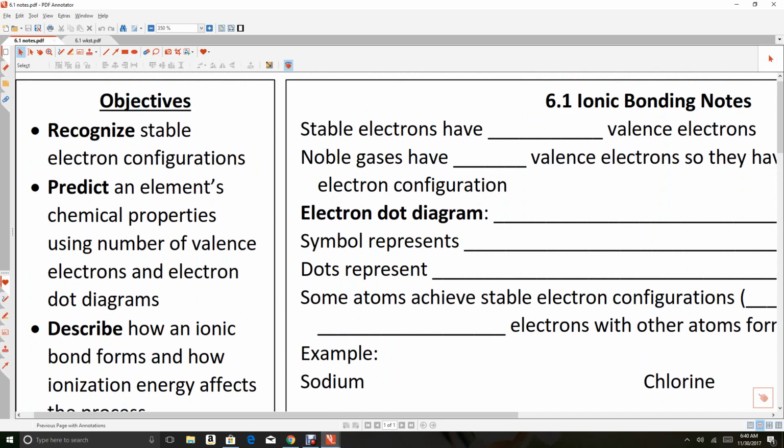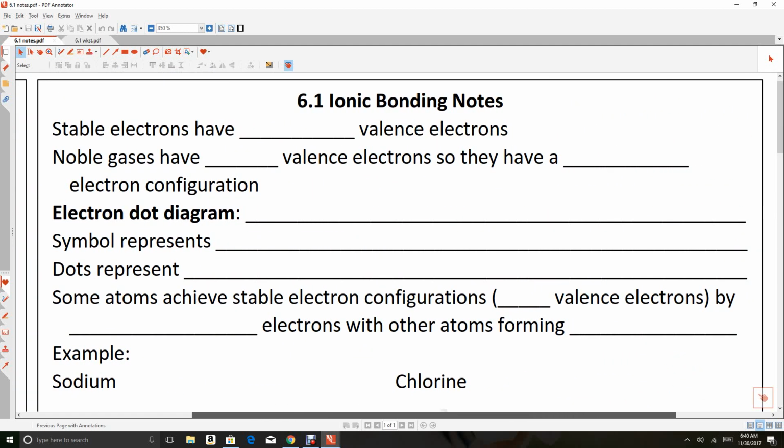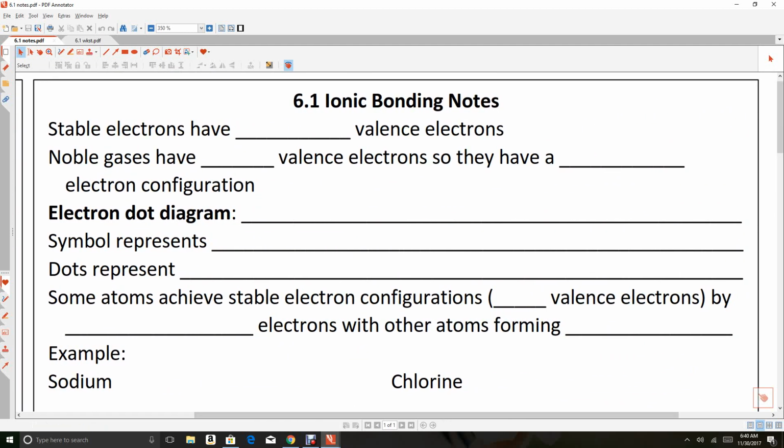So we start by talking about stable electron configurations. And actually, this is supposed to say stable atoms. So stable atoms have 8 valence electrons, right? We've talked about that.